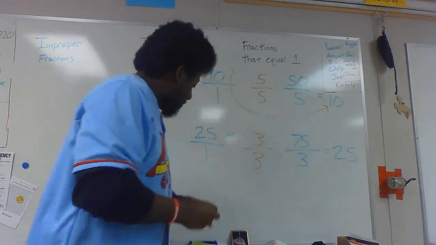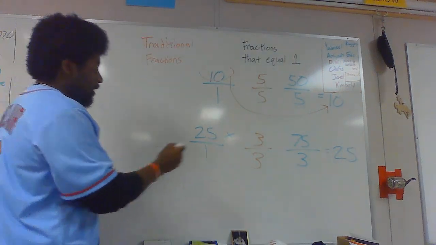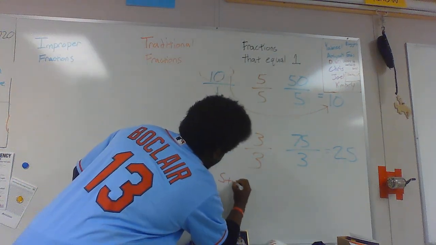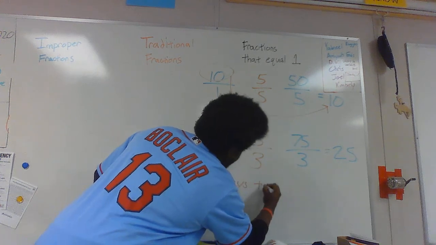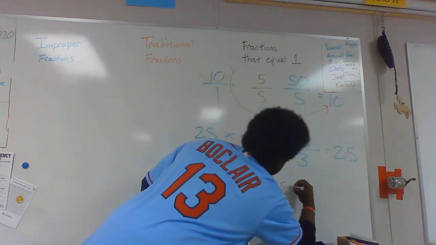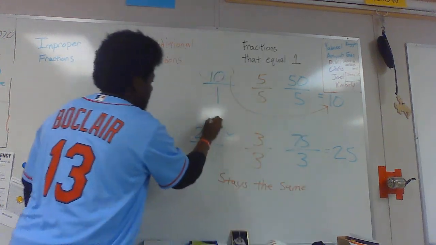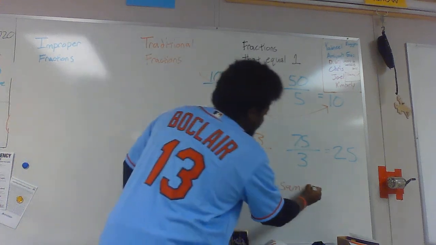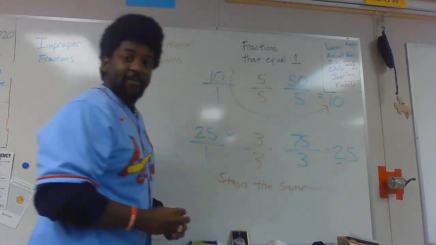So y'all, when you multiply times a fraction that equals 1, it actually stays the same. Look, I started with 25 and I ended with 25.